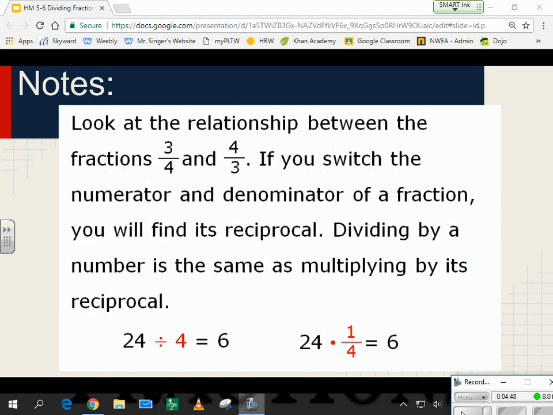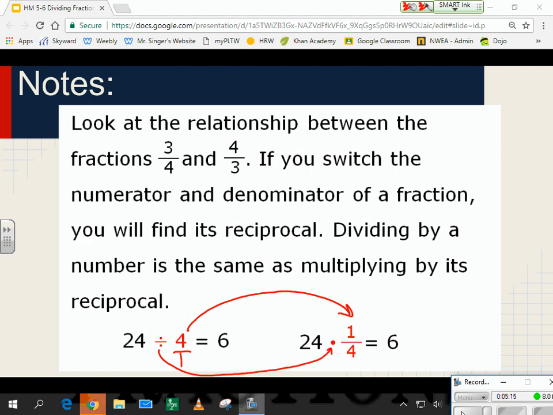So here's an example. On the bottom we have 24 divided by 4. You know that 4 goes into 24 6 times. Well, dividing by 4, if we were to flip 4, remember 4 is 4 over 1, and change the numerator and denominator, you get something like this. You also have to change from division to multiplication.